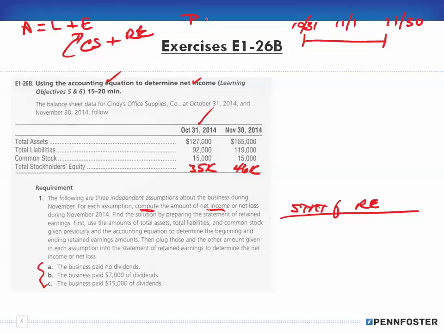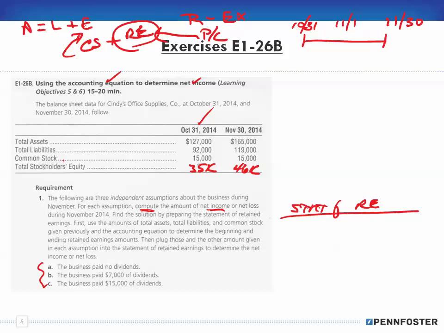So we have revenues less expenses, which gives us a profit or loss, and that gets closed out to retained earnings. The retained earnings plus the common stock gives us our total equity. So we need to first figure out our retained earnings, because that will tell us the increase or decrease in our profit or loss, our net income.